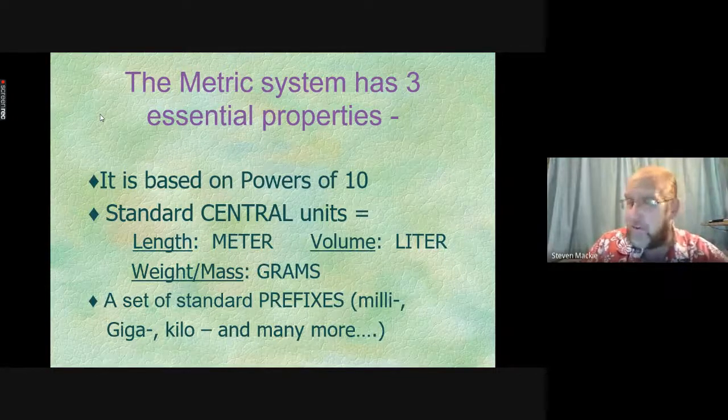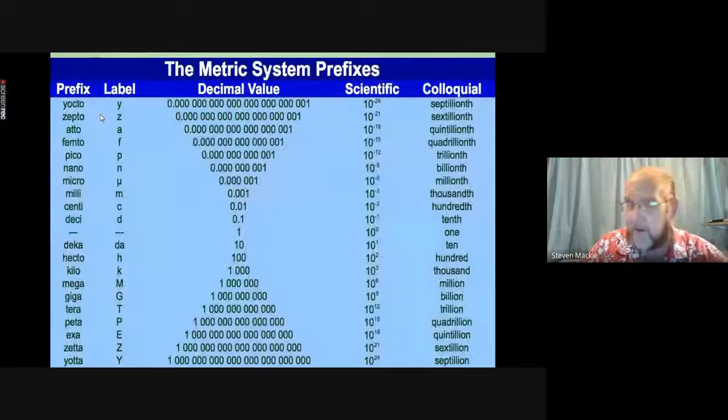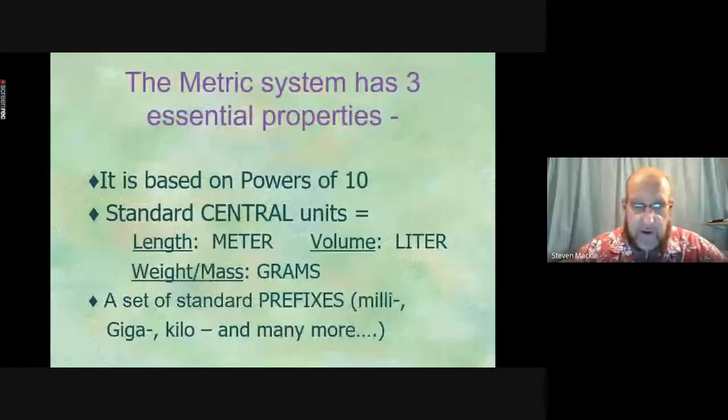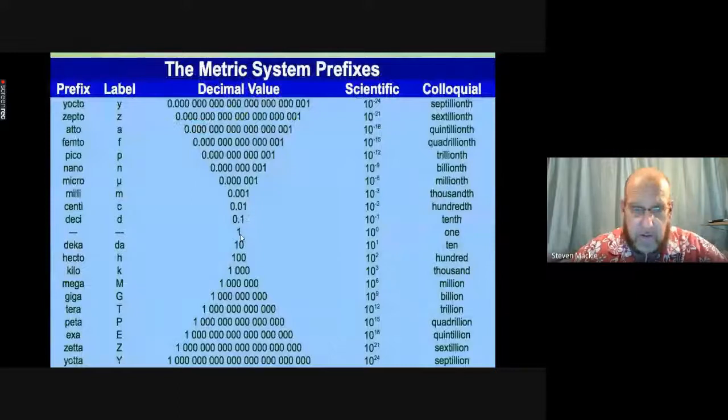I showed you the list like this the other day, yesterday, and I went straight to here and said, look, here's where 1 meter, 1 liter, 1 gram is. If you go in this direction, you're multiplying, multiplying, multiplying, multiplying. But look, the biggest one that we need to know about is T for tera.